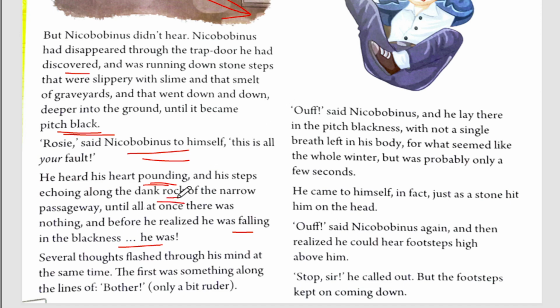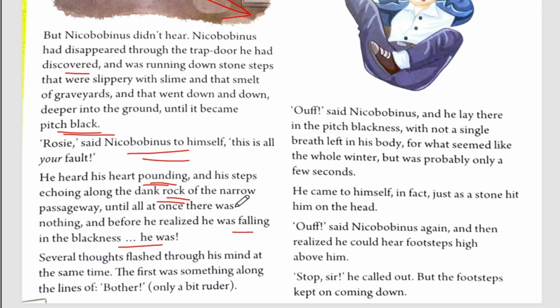Dank rock is used here to say that the atmosphere of that place was very scary, and dank rock means a cold and damp, possibly unpleasant environment like a cave or some underground tunnel.